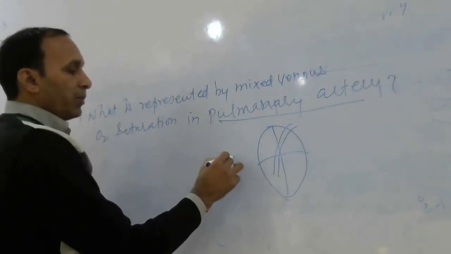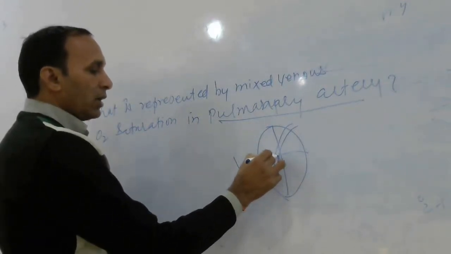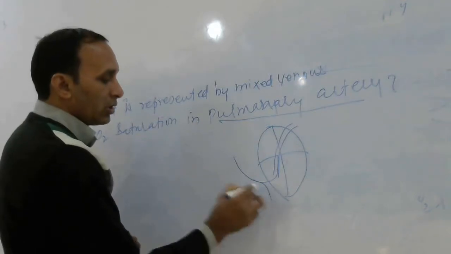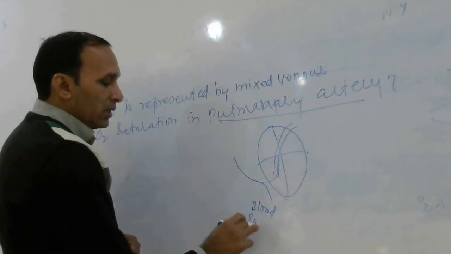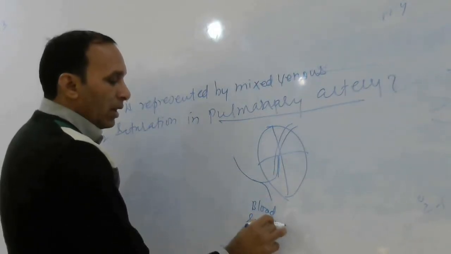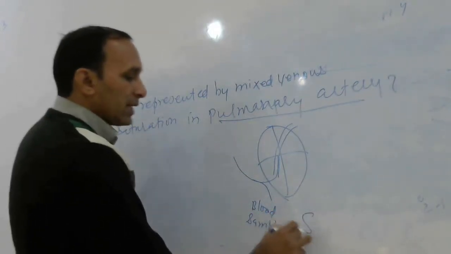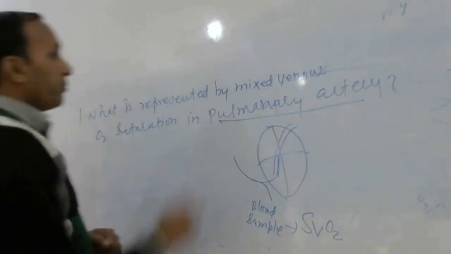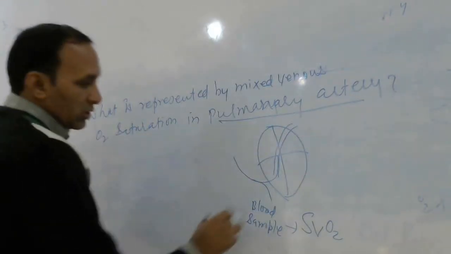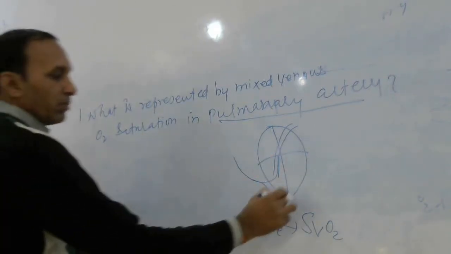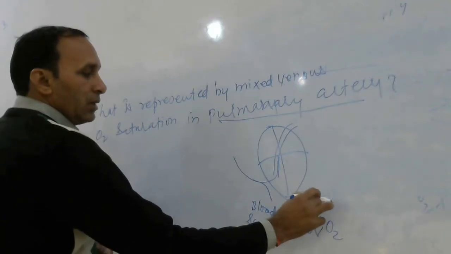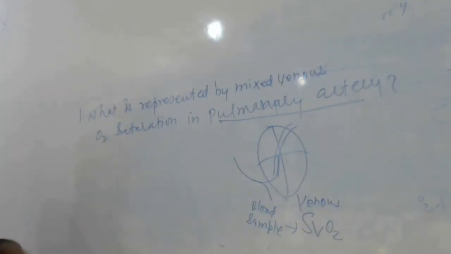So they put a catheter in the pulmonary artery, and by using a part of the catheter they collect a blood sample and send it to the lab, and in the lab they check the SpO2, mixed venous oxygen saturation, because in the right side of the heart you know that the venous blood is there, right? So they check the oxygen level in this blood. So they are asking what it represents.